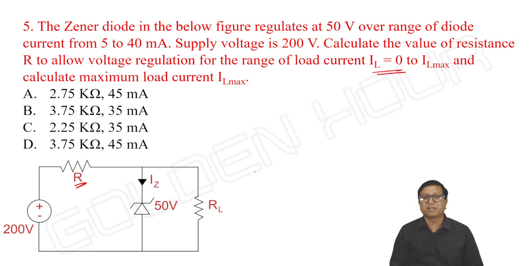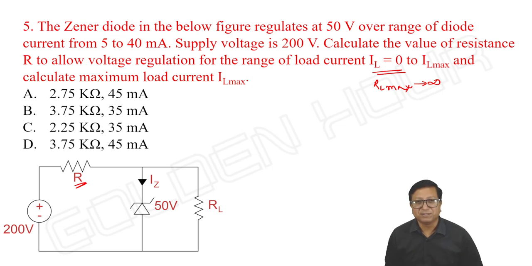IL is 0, they are mentioning. IL minimum is 0 means what about RL maximum? It is infinity. That is possible. RL maximum is infinity in this problem.